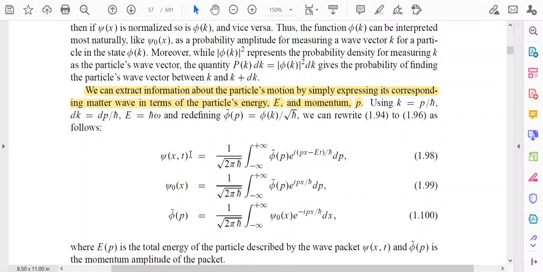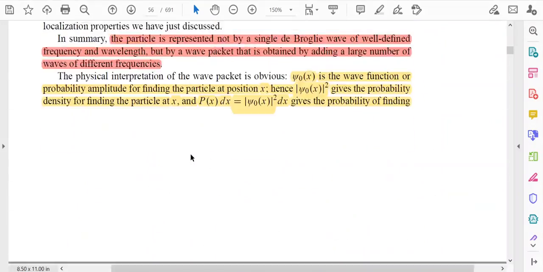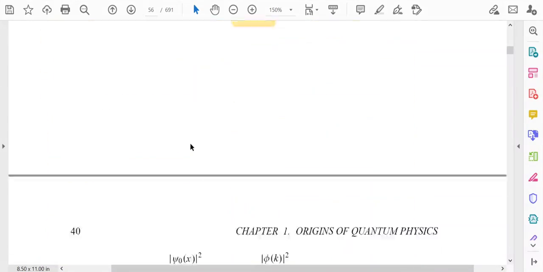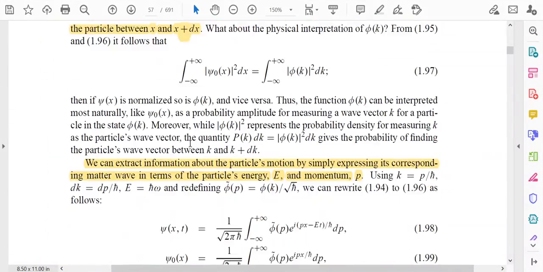In equations 1.95 and 1.96, we have interpreted the wave function in terms of x, that is the position, as well as in terms of the wave vector k. Similarly, the wave packet can also be described in terms of energy. So how do we describe the wave packet in terms of energy?